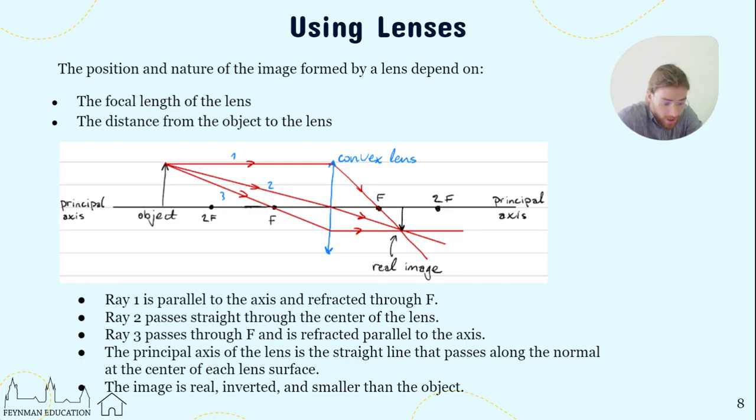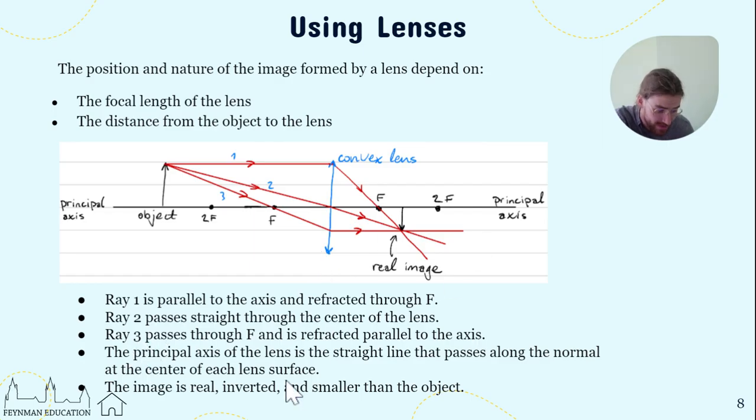This is basically what's happening here. Our object is going to be standing here, an arrow, and we're going to have different rays coming off of it. Ray 1 is parallel to the axis and is refracted through F. Ray 2 passes straight through the center of the lens, and therefore isn't refracted much. Ray 3 passes through F and is refracted parallel to the axis.